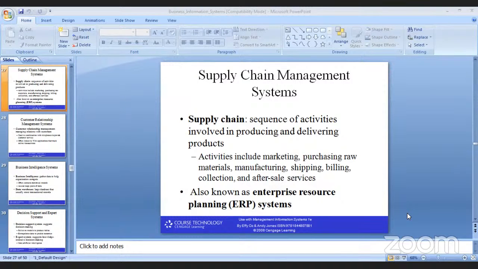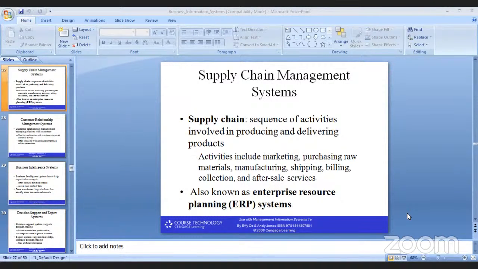I mean, it's a procedure of balancing the production and the market demand. So how it will be producing the products and how the product will be delivered. It includes activities like marketing, processing raw materials, manufacturing, shipping, billing, collection, and after-sales services. This is otherwise known as enterprise resource planning, ERP.